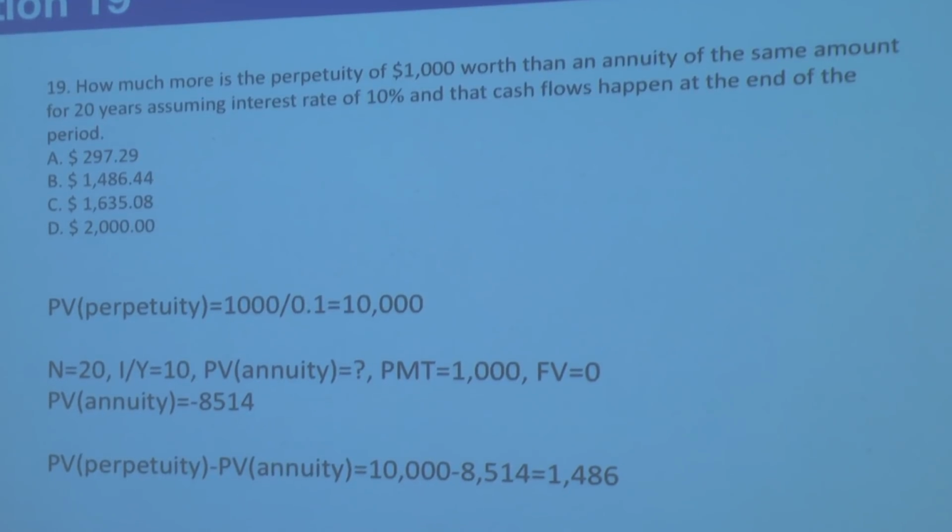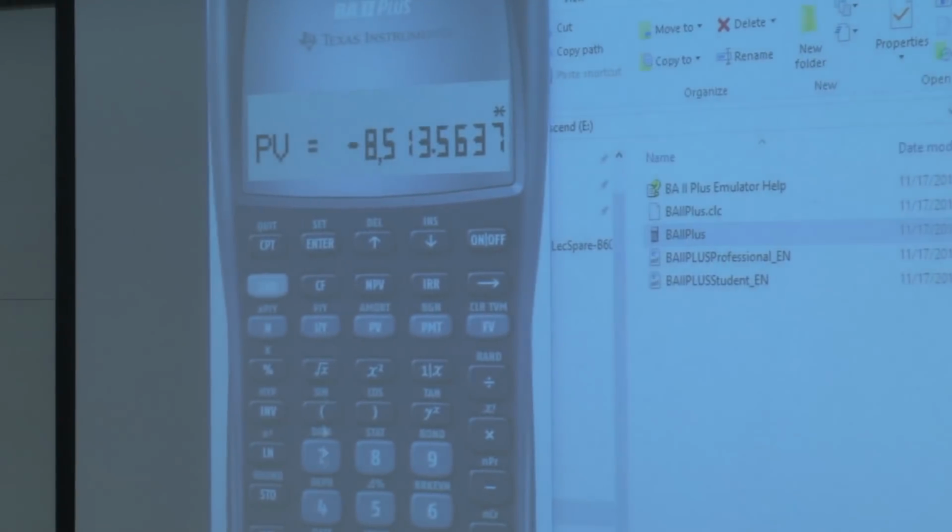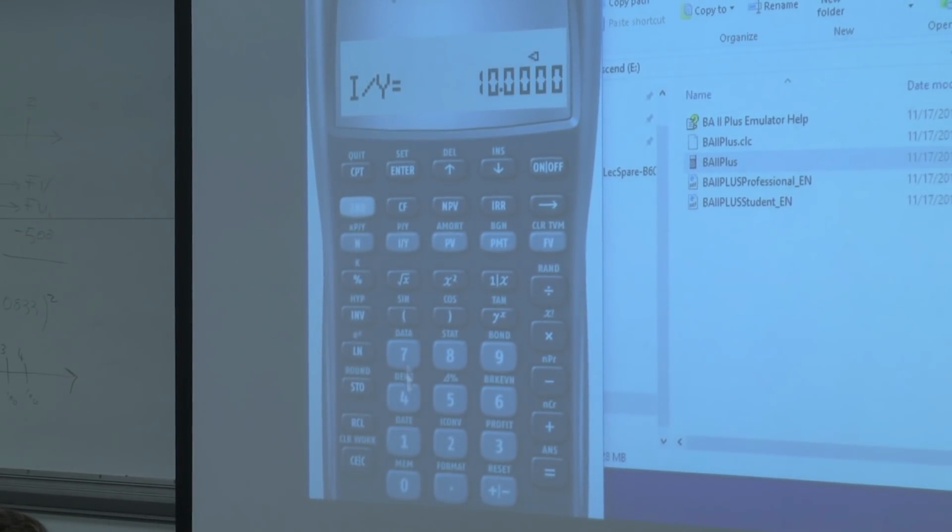The annuity instead, I can compute. 10% is the interest rate, 20 years, $1,000 is the payment, compute present value, and you get that.